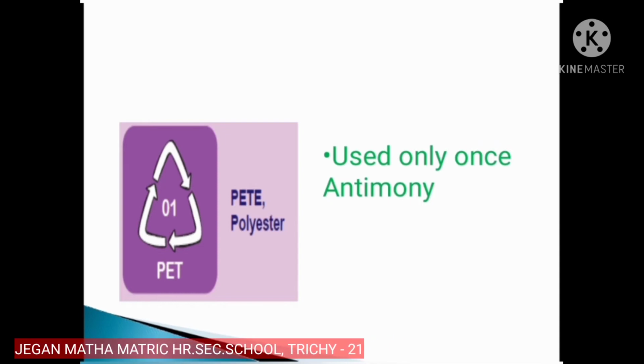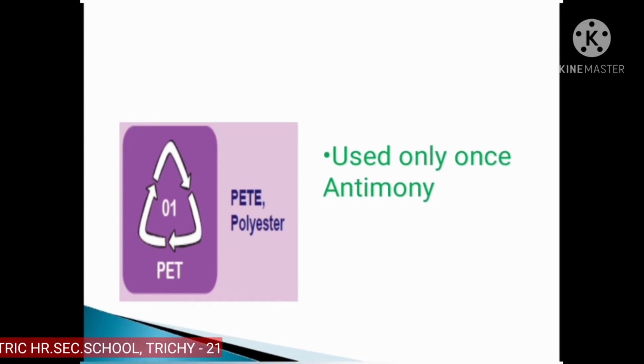So the first one is resin code 1. The other name of this resin code is PETE or polyester. Common items: this type of plastic is used in umbrellas, sports clothing, warm fleece jackets or sweaters, rope, sails, and polyester fiber made into sleeping bags.